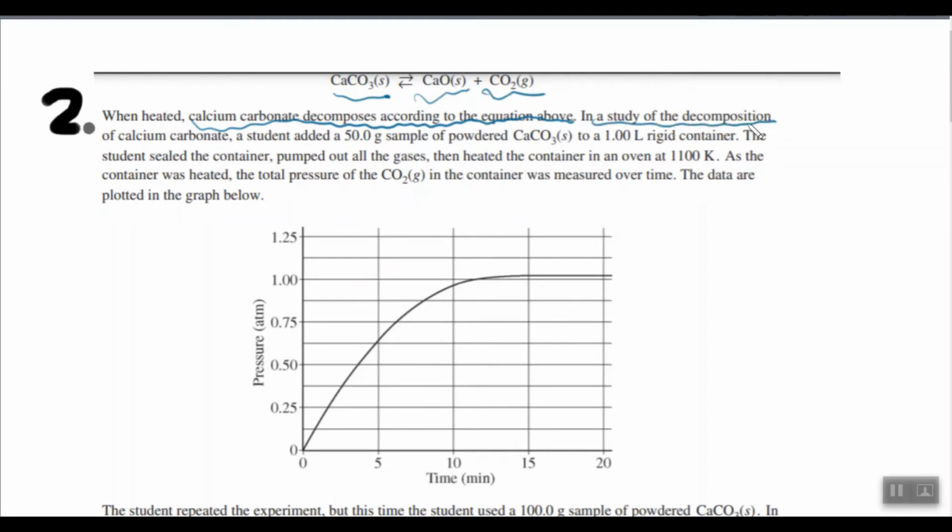In a study of the decomposition of calcium carbonate, a student added 50.0 grams of powdered calcium carbonate to a 1.00 liter rigid container. The student sealed the container, pumped out all the gas, and heated the container in an oven at 1100 Kelvin. As the container was heated, the total pressure of the CO2 gas in the container was measured over time. The data is plotted below.